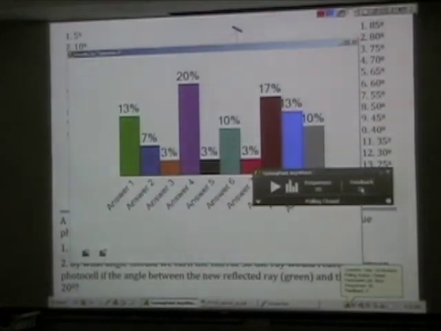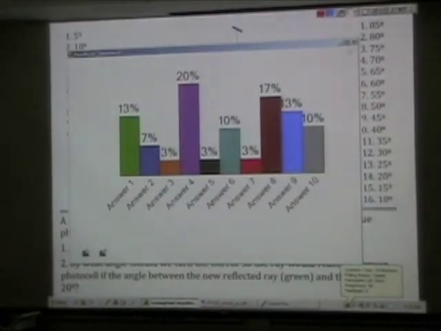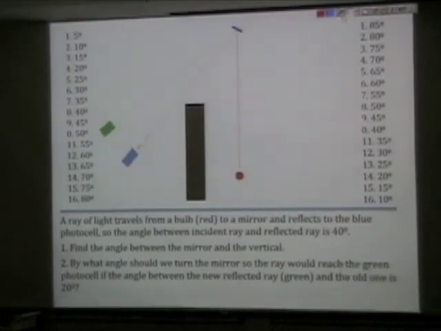Again, that's really strange. Well, so this is the incident ray, reflected ray. That's supposed to be the normal. This angle is supposed to be equal to this angle.